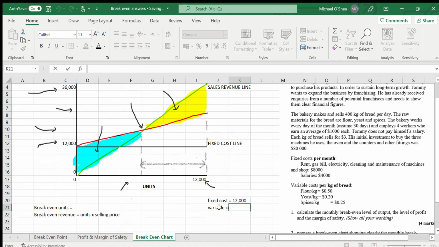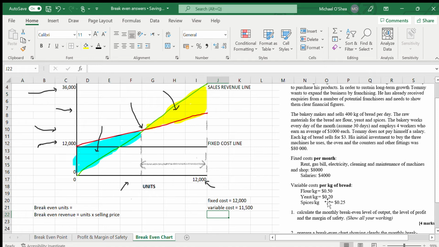So therefore we know that variable cost is 95 cents per unit. There's 12,000 units, and so if I multiply those out, I think it's 11,500 something, I forget the number. I'm just going to call it 11,500 for now. I just obviously don't know the number off the top of my head.